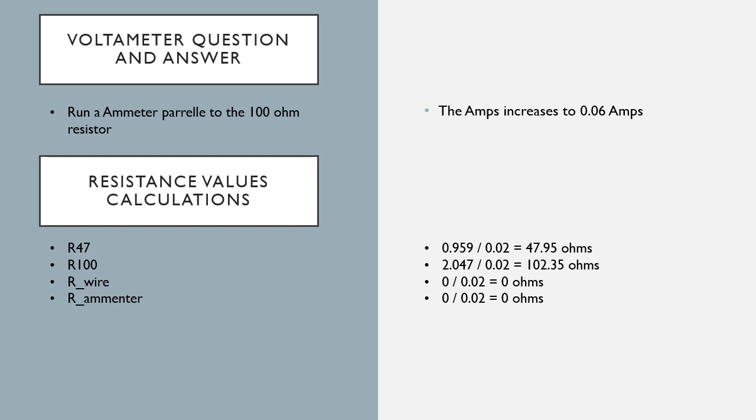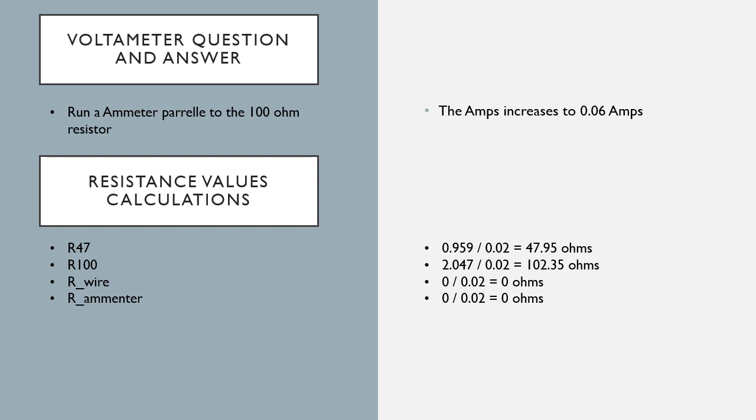So here's some questions. If you run an ammeter parallel to a resistor, the amps in the current actually increase because an ammeter itself doesn't have a resistor in it, or it's a lot less than what would be in a 100 ohm resistor. And so the current is going to flow away from the resistor to the path of least resistance, basically.